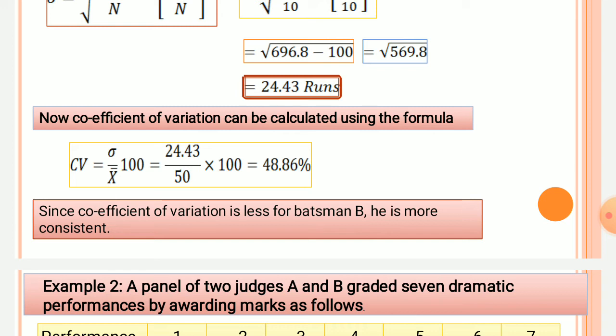By comparing the coefficient of variation of A with that of B, we can say which series is more consistent. Since the coefficient of variation is less for batsman B, he is more consistent.